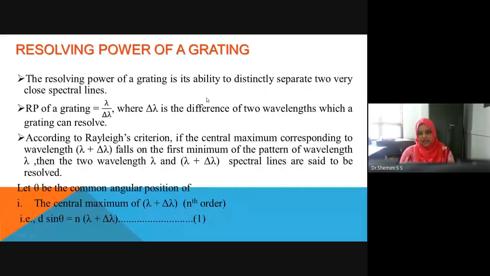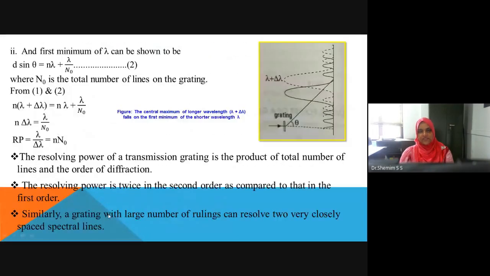On writing the condition for central maximum and first minimum, we can equate these equations, and finally we will get the resolving power as small n into N0, a product of order of diffraction and total number of lines. That is, resolving power increases with increase in the number of lines, and it also increases with the order of diffraction. That is the resolving power of a grating.